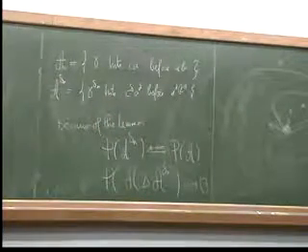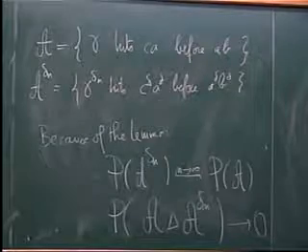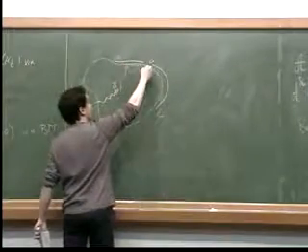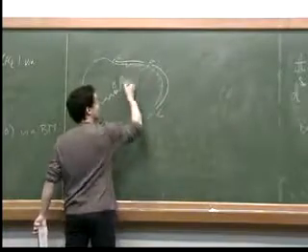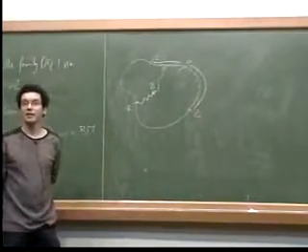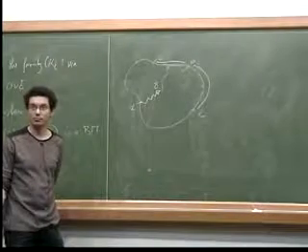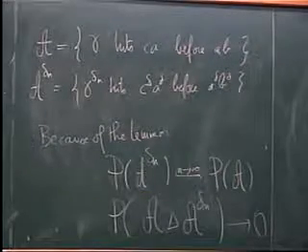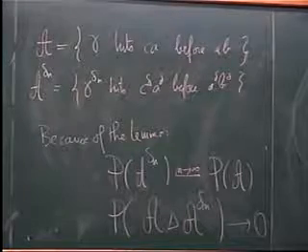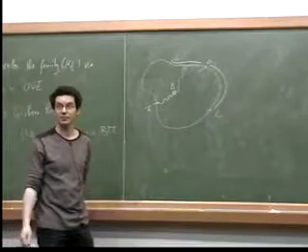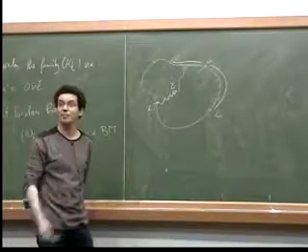Because the discrete guy will hit the limit. If the continuous guy did hit this one before that one, then it means that the discrete ones did also. It's not possible that the continuous guy hits this one before this one, but the discrete guy didn't. That's precisely this lemma that we had before.